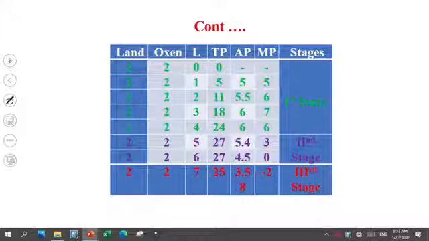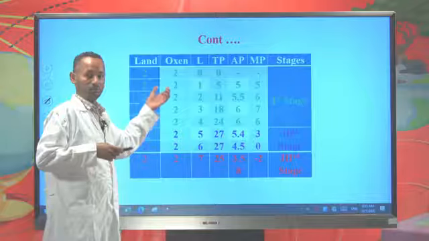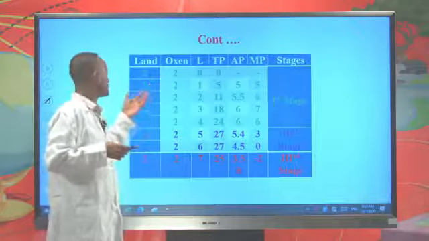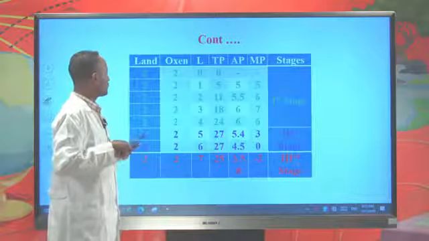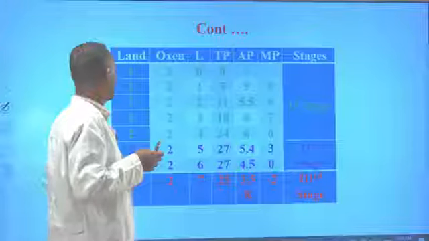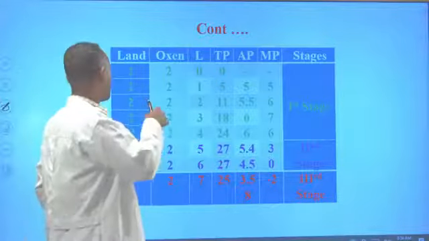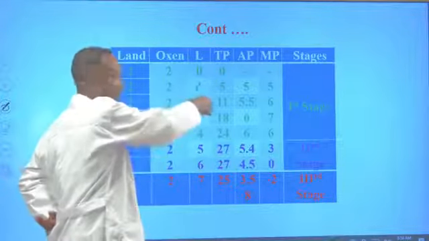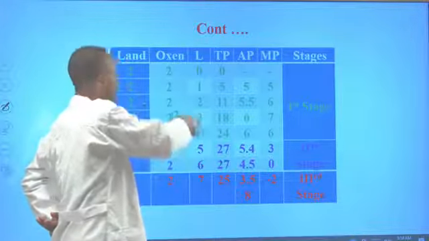Under the production function with one variable input, the farmer produces wheat using land and oxen. The farmer produces wheat using 2 hectares of land.